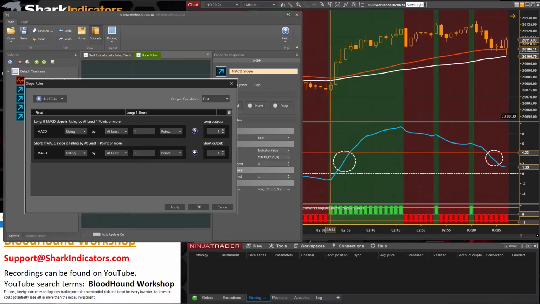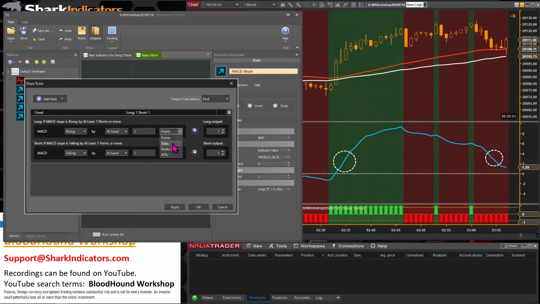So again, since we're using an indicator on its own subpanel, everything you want to do should be in points. If you use ticks, what's going to happen is you're going to get this convoluted formula that you're not going to understand, because ticks is basically pulling the tick value from the instrument and adding that to the formula for calculating the slope of the MACD or whatever indicator.